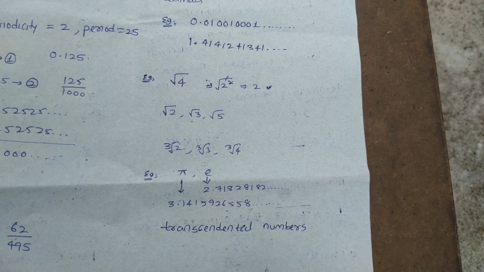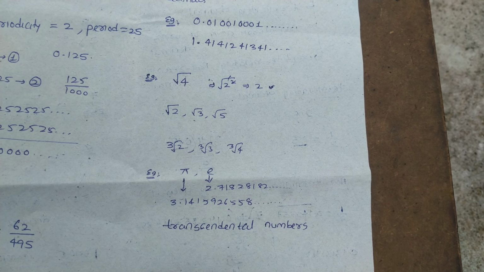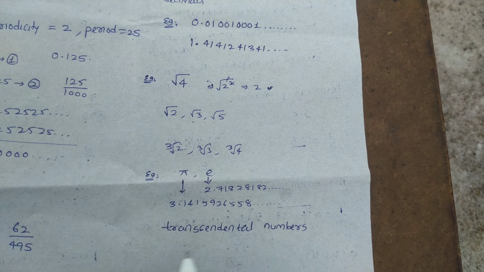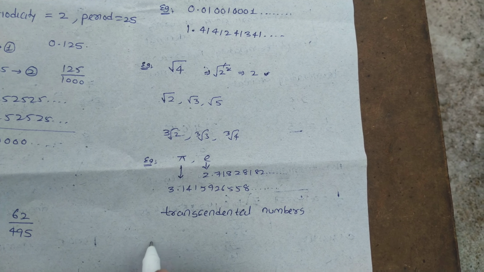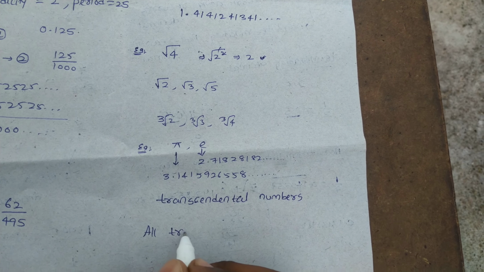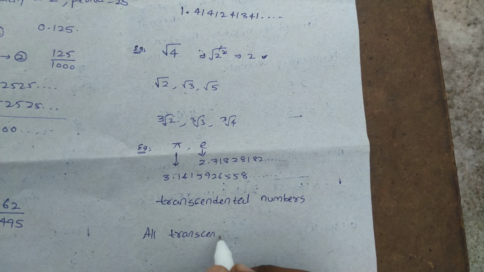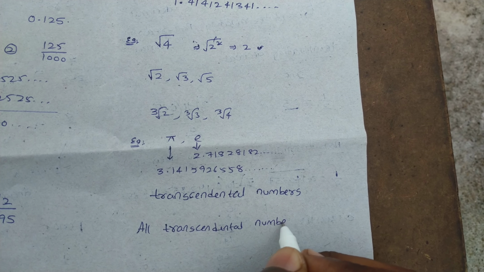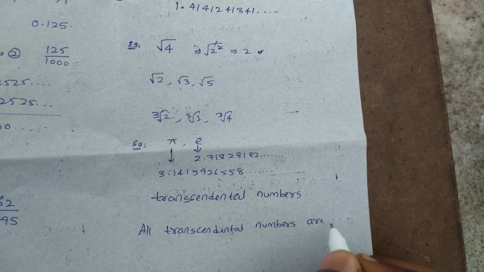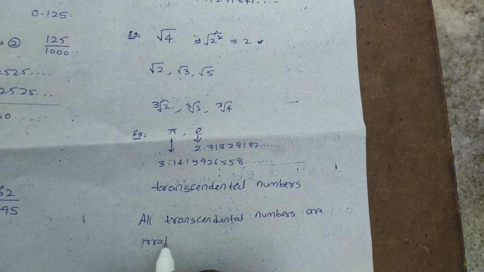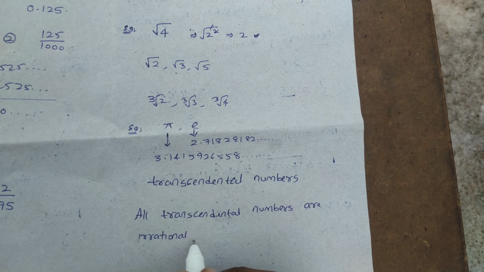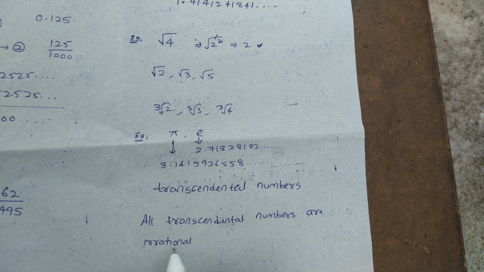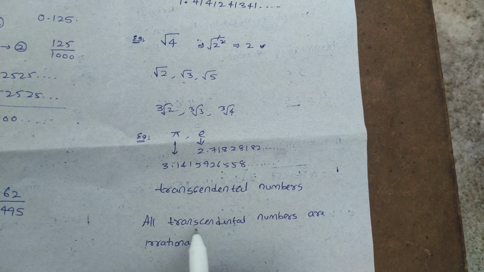All real numbers which are transcendental are irrational, that is, all transcendental numbers are irrational, but the converse need not be true. That means all irrational numbers need not be transcendental numbers.